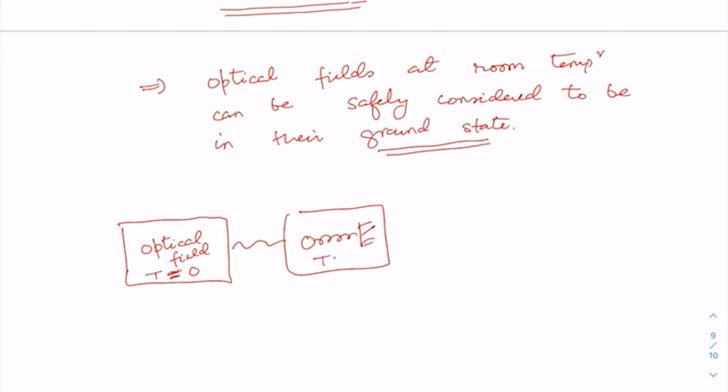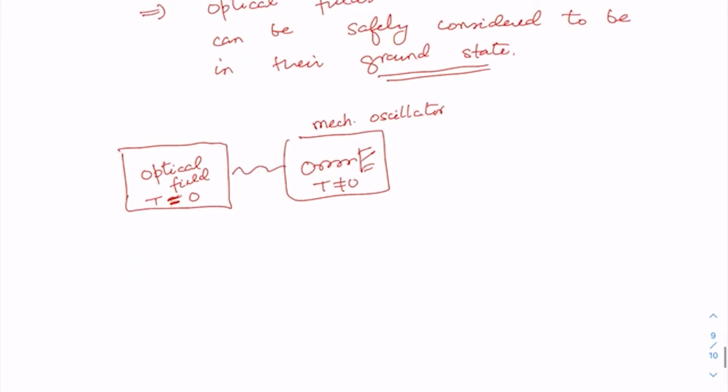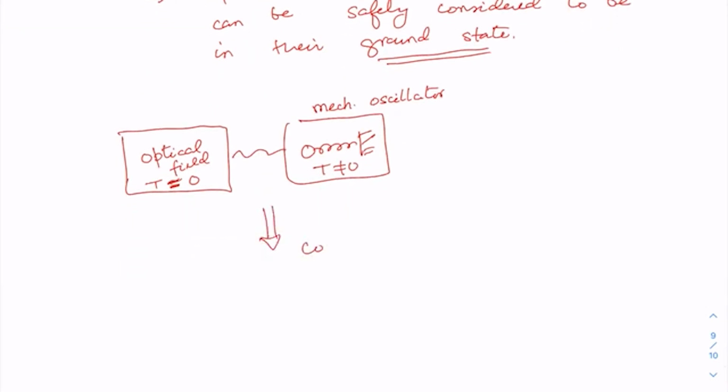The mechanical oscillator is at some finite temperature, the optical field at 0 temperature. So if you put the mechanical oscillator in contact with the optical field, you can actually cool the mechanical oscillator. This is a very elementary way I can explain cooling of a mechanical oscillator.